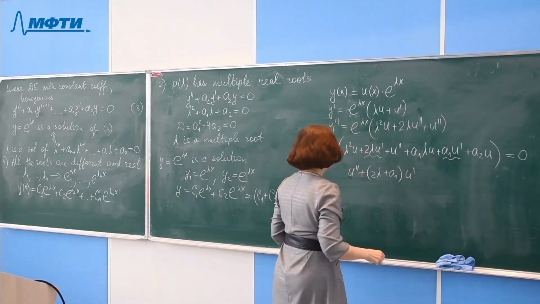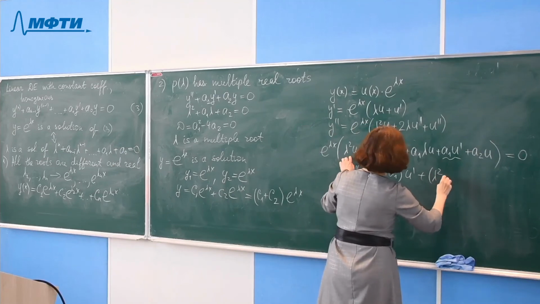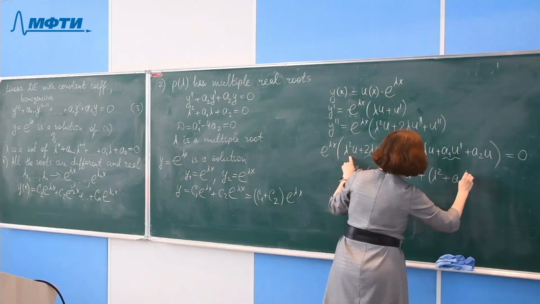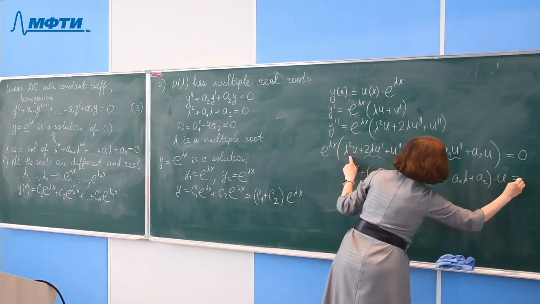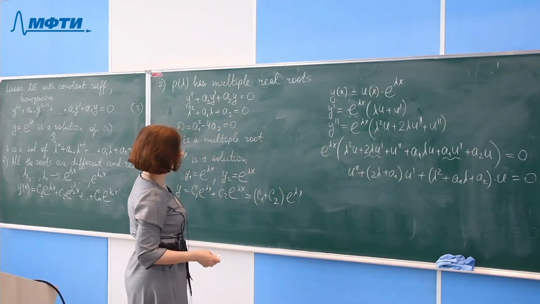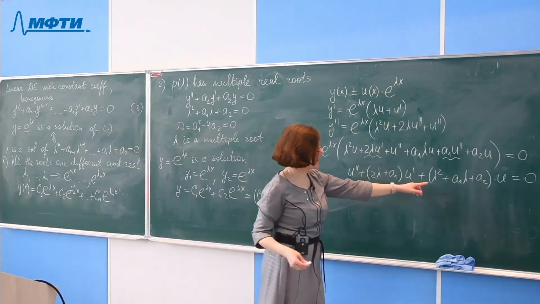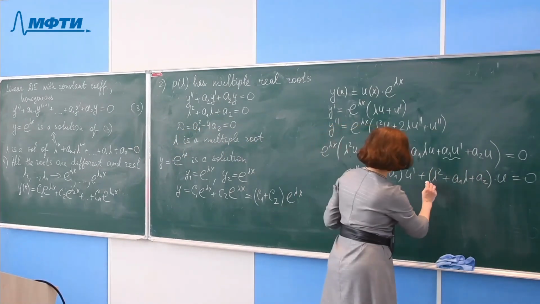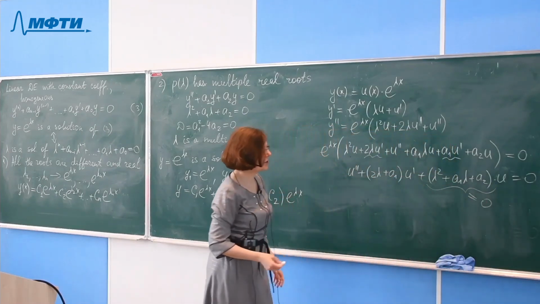We combine this, and plus lambda squared plus a1 lambda plus a2 times u should be equal to 0. But since lambda is the root of this characteristic polynomial, it follows that this coefficient is 0.